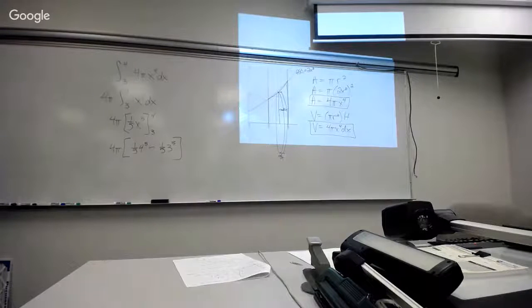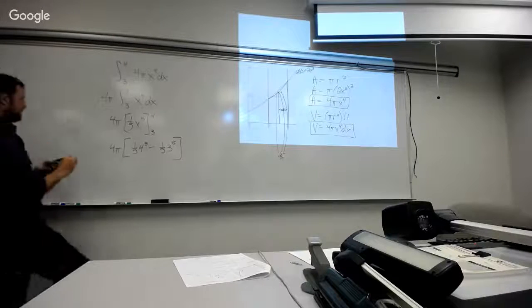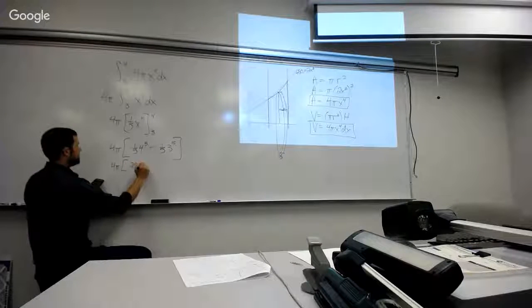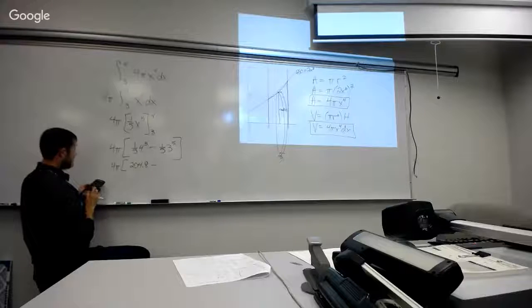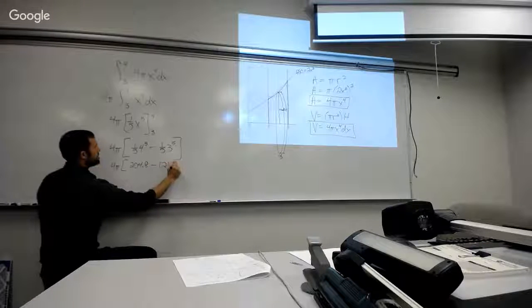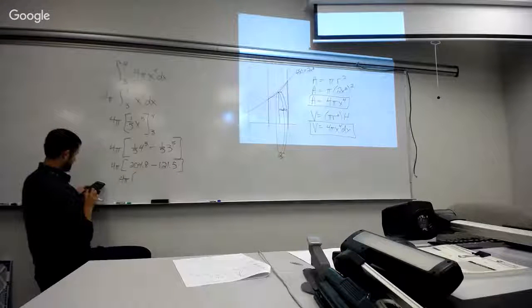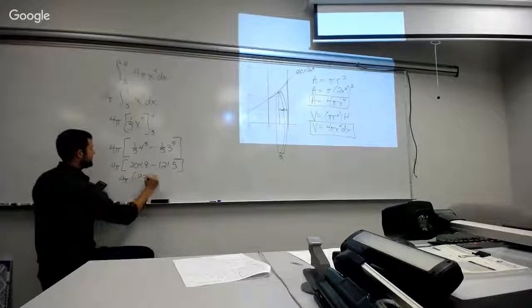So again, more basic arithmetic. 0.2 times 4 to the 5th, minus 0.2 times 3 to the 5th, 121.5, which is 4 pi times 83.3.